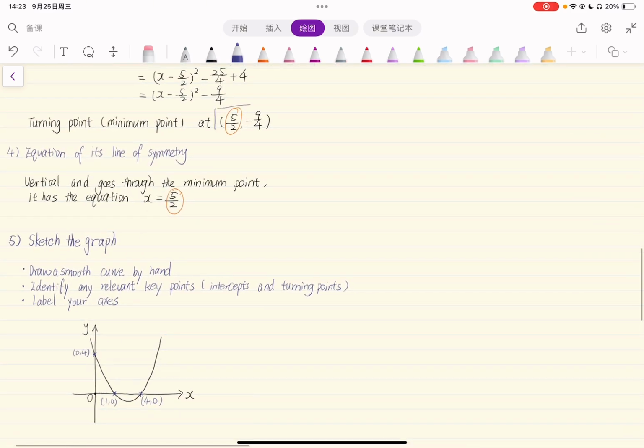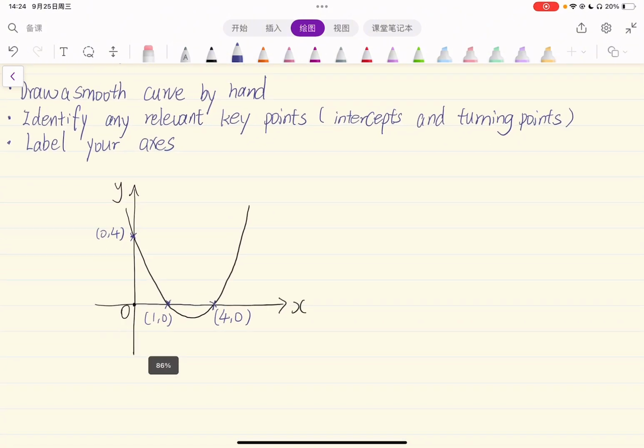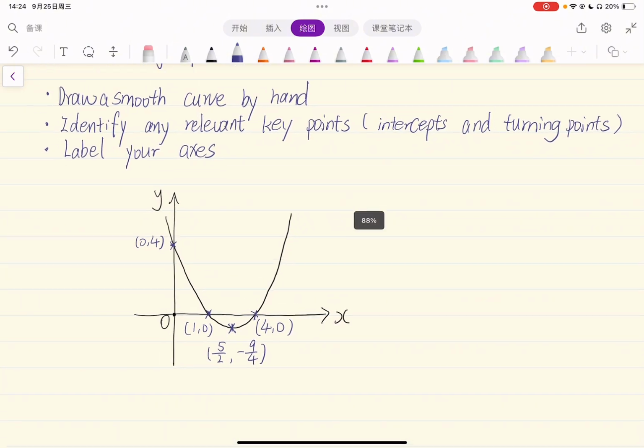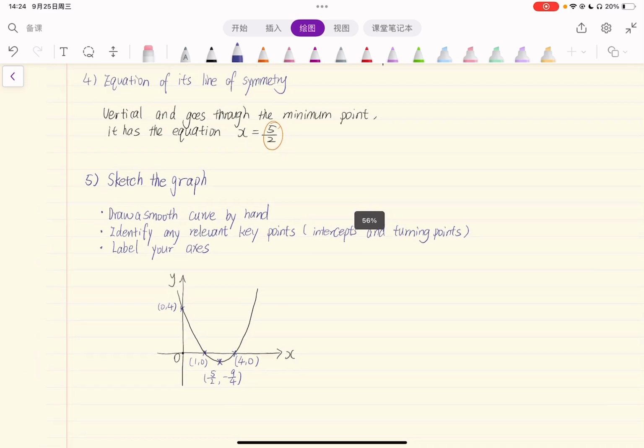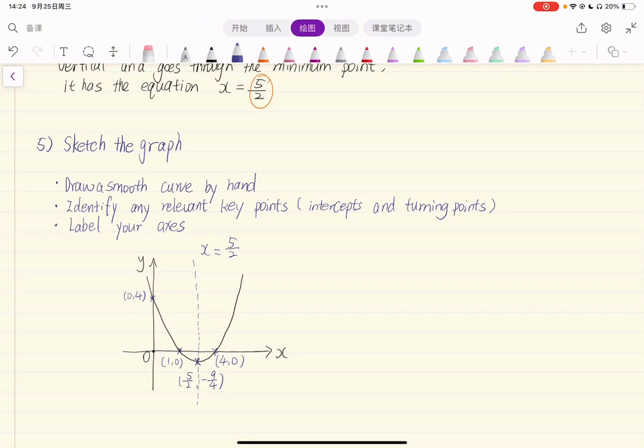The turning point is here, 5 over 2, minus 9 over 4. Finally, we need to draw the line of symmetry. That is a vertical line that goes through the minimum point, so that is x equals 5 over 2. That is how to sketch the graph for this question.